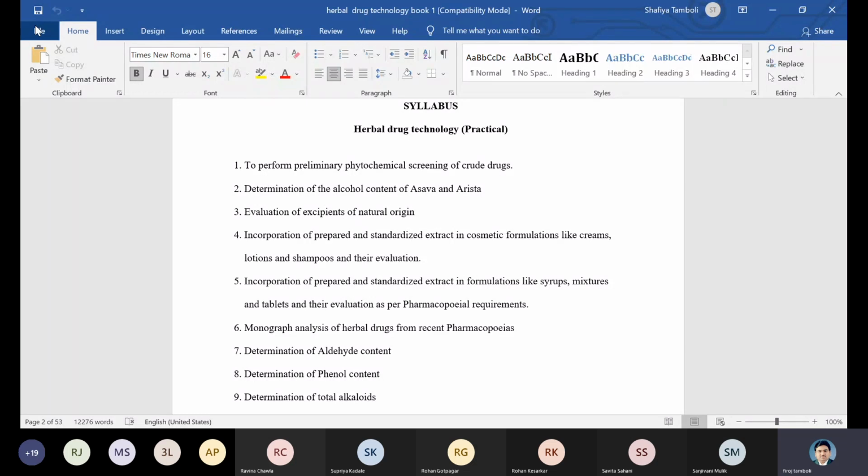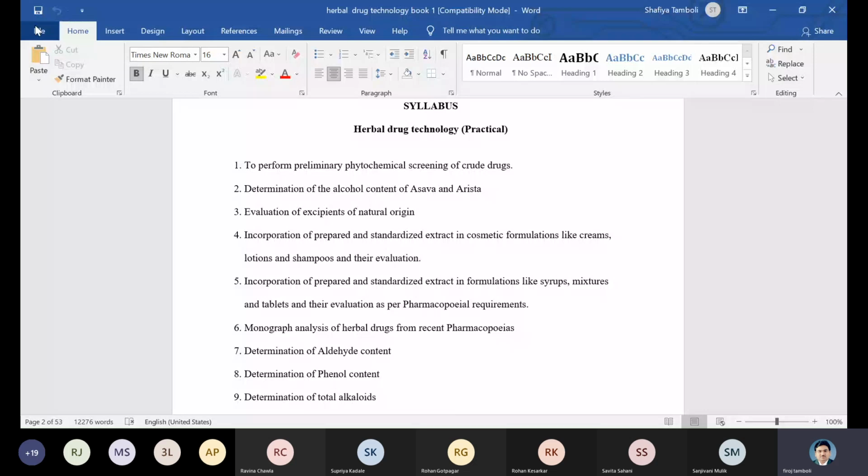I think you know what pharmacopoeia means, that is an example. Then you should go for proper drying. After drying, you convert that into powder form. Then after powder form, you go for the different initial screening.